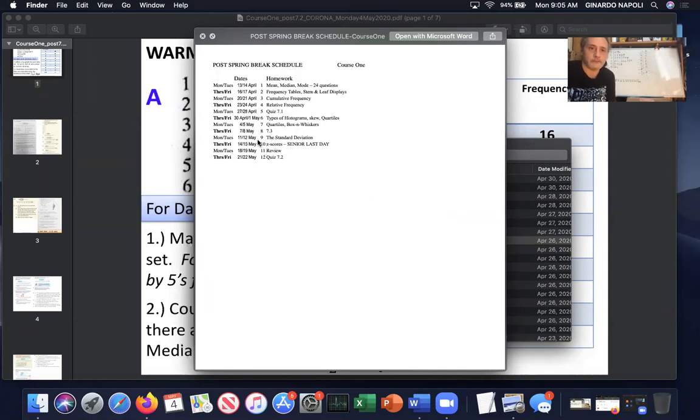And then the seniors' last day is going to be the 14th, 15th. We'll look at z-scores, which is a statistic people use to categorize everybody in a population based upon a scale, 0 to positive, 0 to negative. We'll see how to do that when we get to z-scores, and then we'll review, and then we'll finish up with the last quiz.